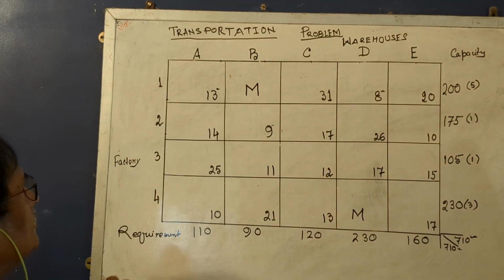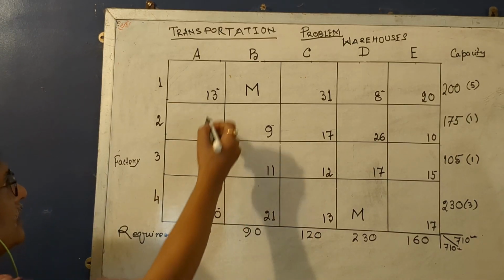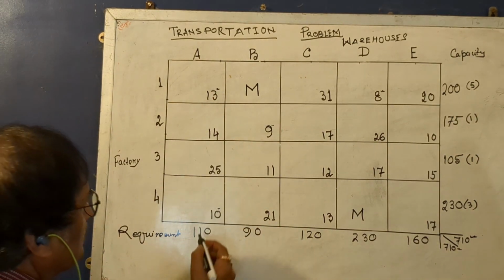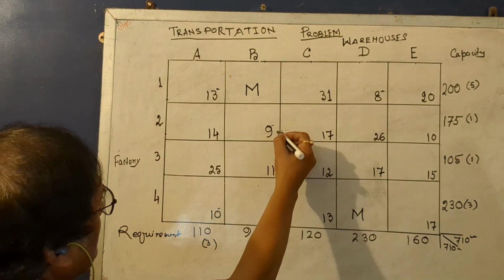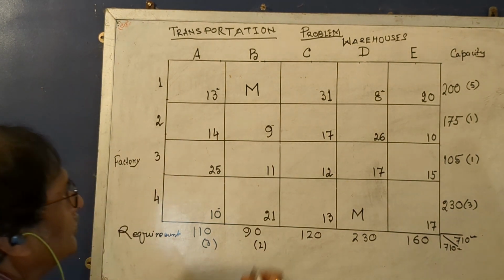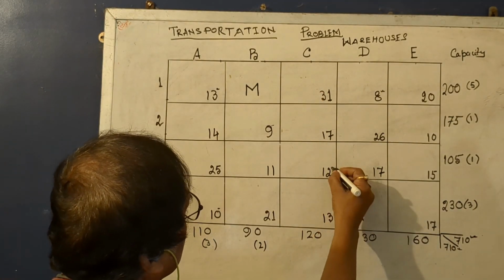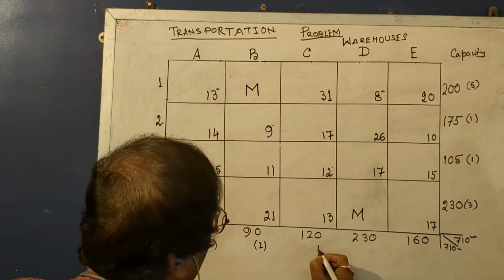Same process you have to do for columns. For first column, the lowest element is 10 and the immediate lowest is 13. That's why the difference is 3. For second column, the lowest is 9 and the immediate lowest is 11. The difference is 2. For third column, the lowest is 12 and the immediate lowest is 13. The difference is 1.